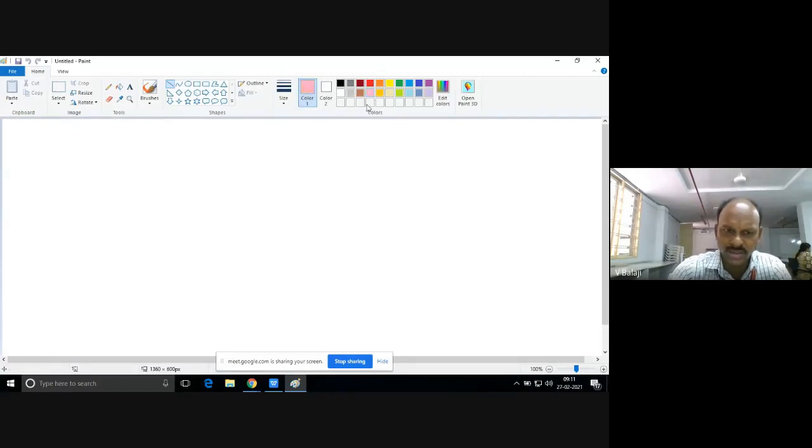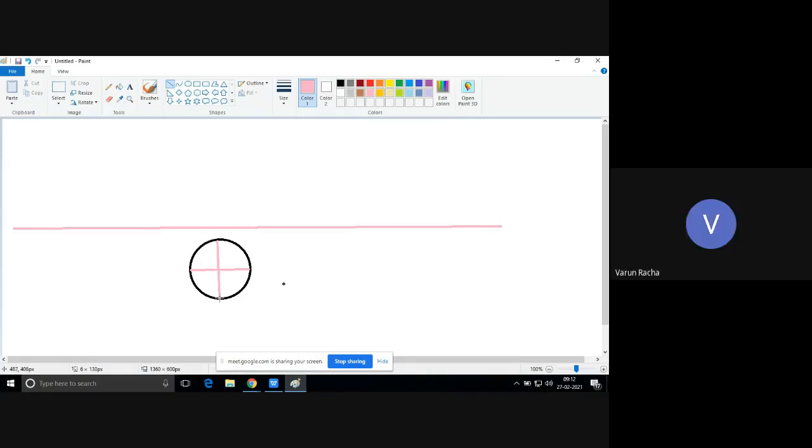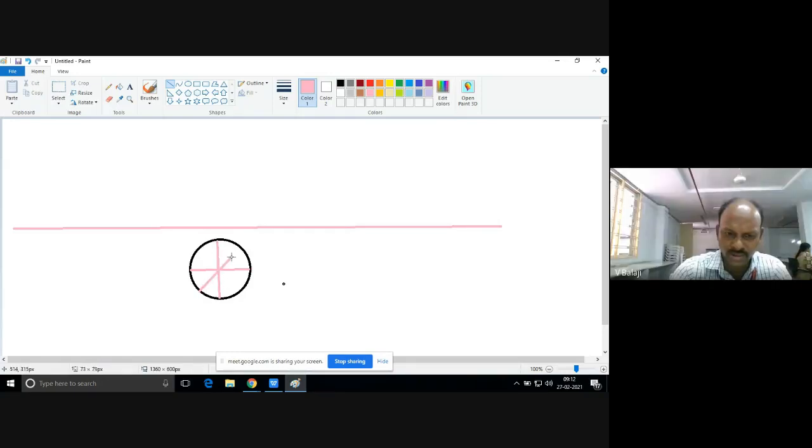So I am drawing one reference line XY. What is the top view? Circle. I need to draw a circle. So what is the front view of this? It's a cone, right? What is the front view? Triangle. Very good.